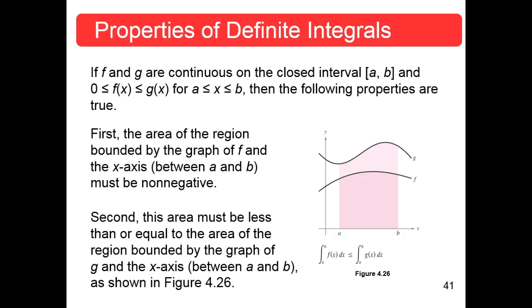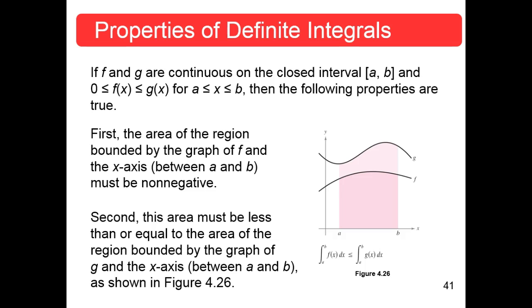If f and g are both continuous on some closed interval a to b, and 0 is less than f of x, meaning f of x is non-negative, and f of x is less than or equal to g of x, meaning it's non-negative too, for all x's between a and b, then the following properties are true.